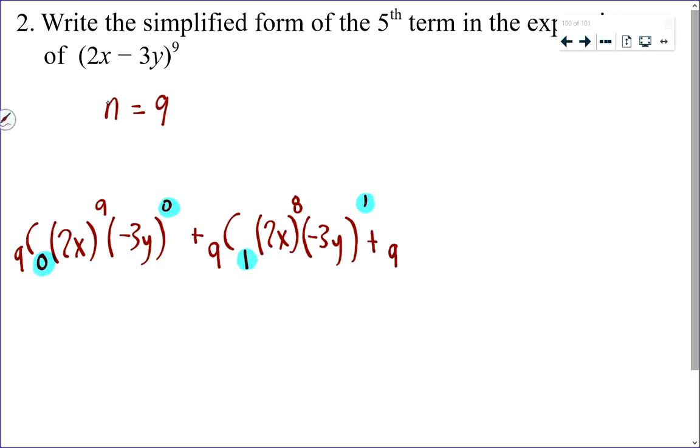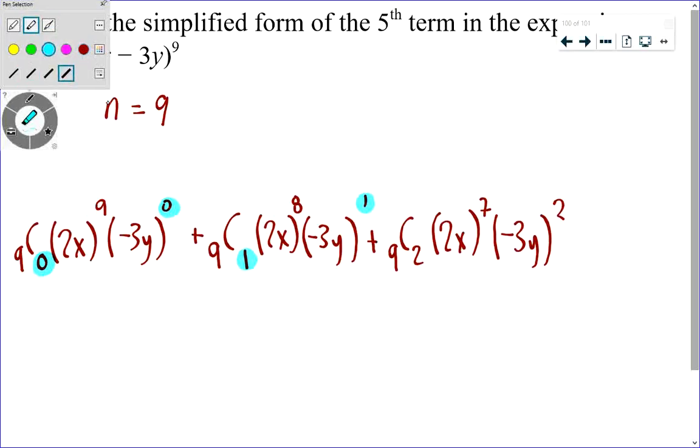Our next term is 9 choose 2. It's going to contain 2x to the 7, and it's going to contain negative 3y to the 2. The number we're choosing out of 9 matches the exponent on that part of the term.